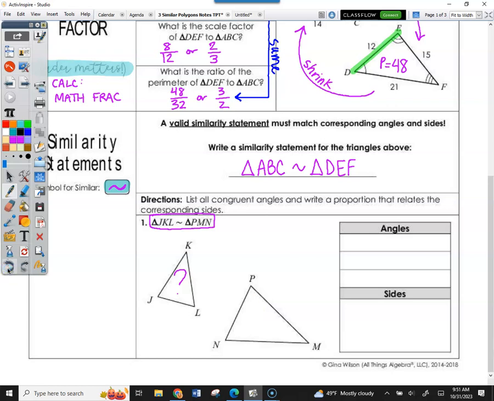It's a little ambiguous, right? But the statement itself is telling you angle J must be congruent to angle P. Angle J must be congruent to angle P. All right, you do the other two.